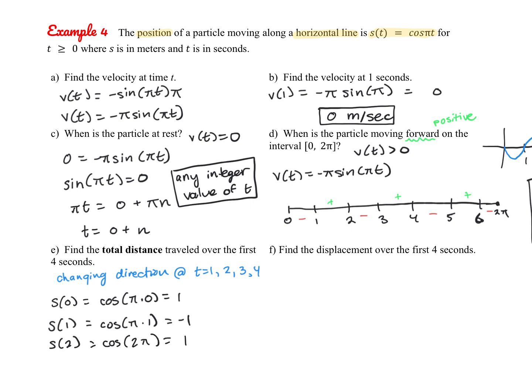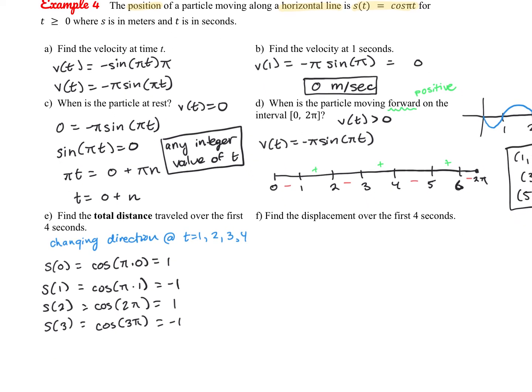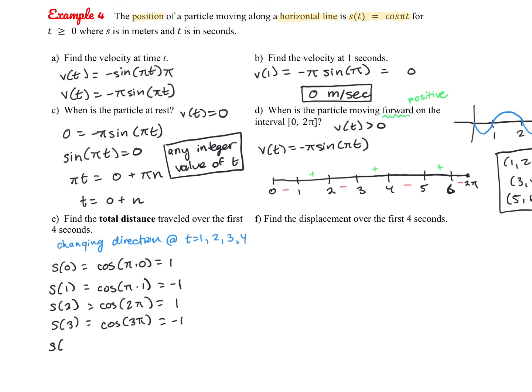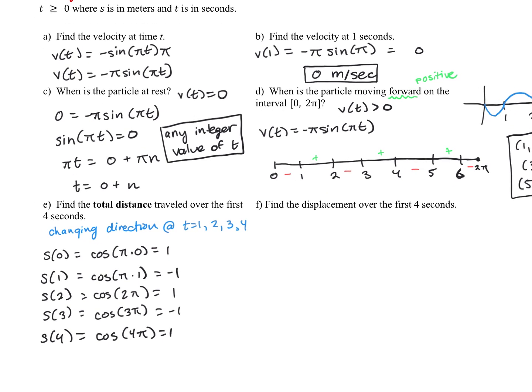And then we want the position at 3 seconds. So it's back to -1. And last, the ending position at 4 seconds, which would be +1 again. So to find that total distance, we want the distance between each one. Remember, distance is always going to be positive.